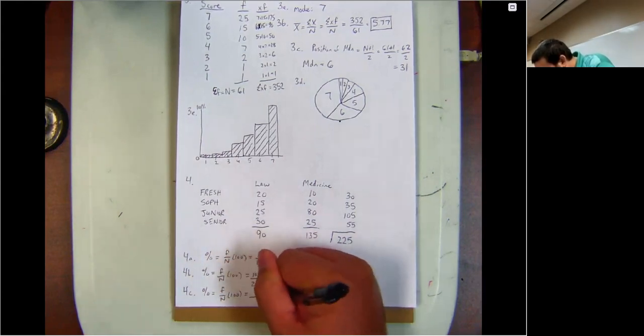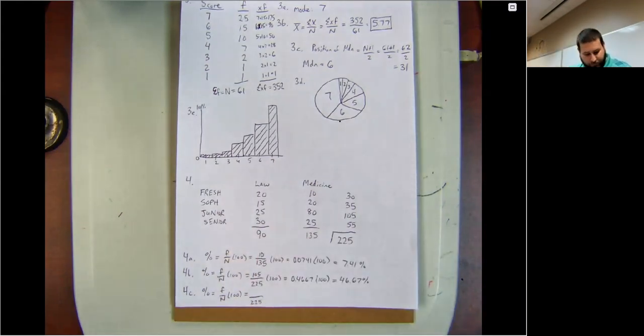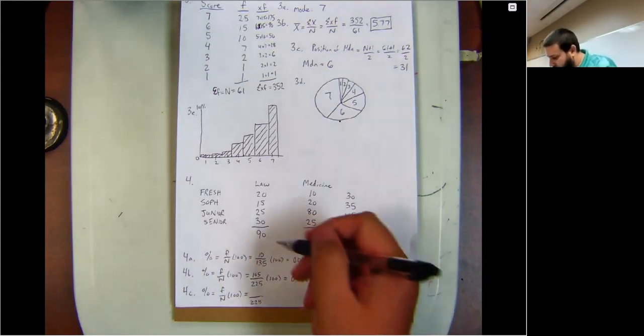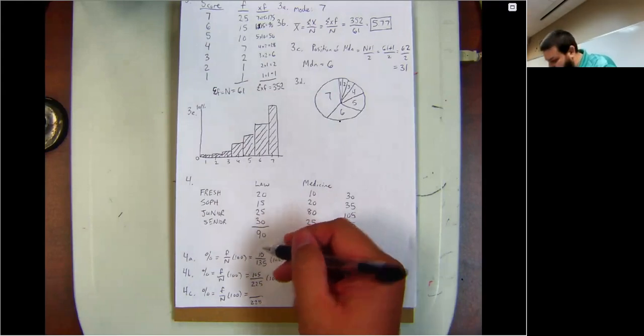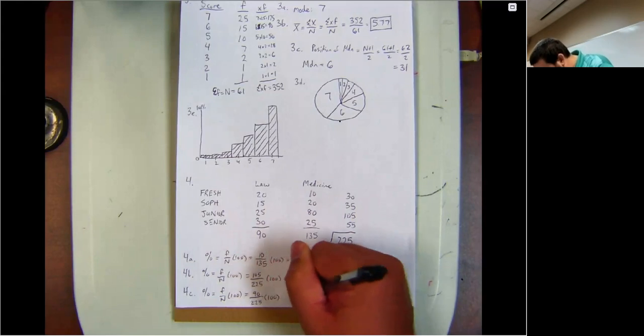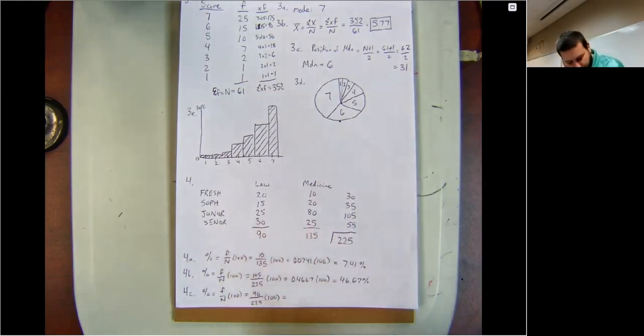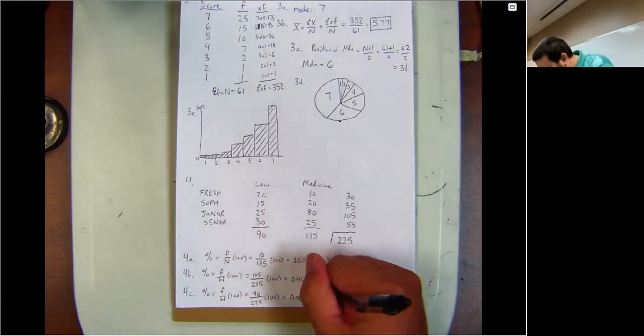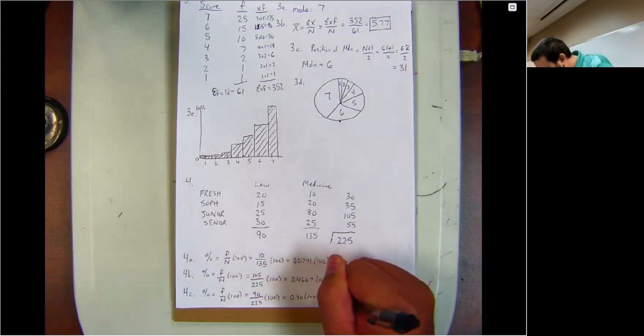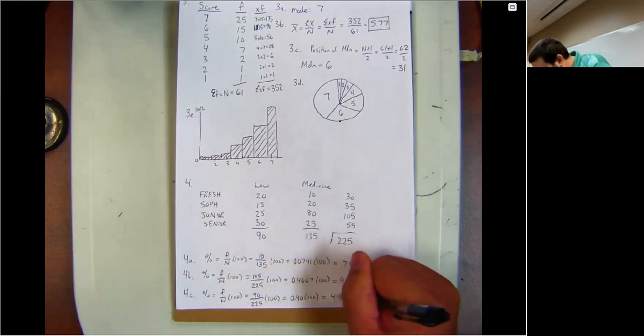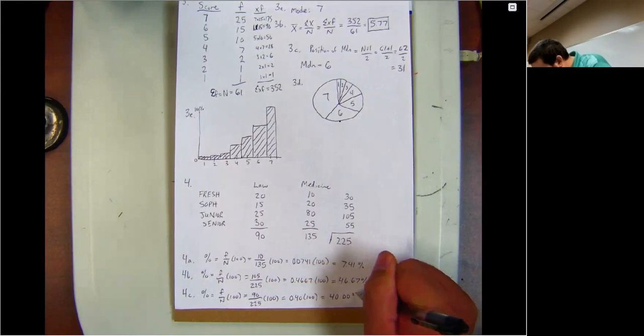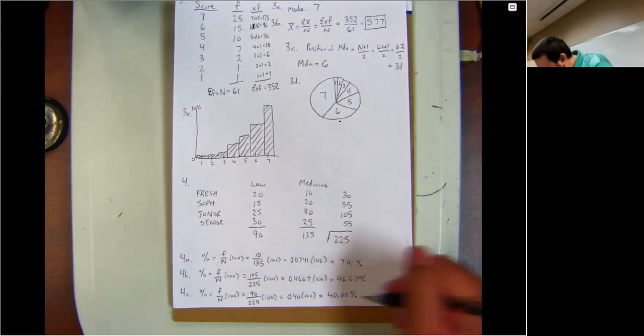Again, the N is the total number of students, 225. The F is how many of them are law majors? Well, there are 90 law majors out of 225 students times 100. Well, 90 over 225 is 0.4 times 100 equals 40%. And that's how you do crosstabs.